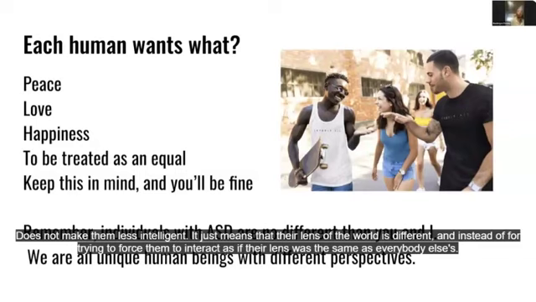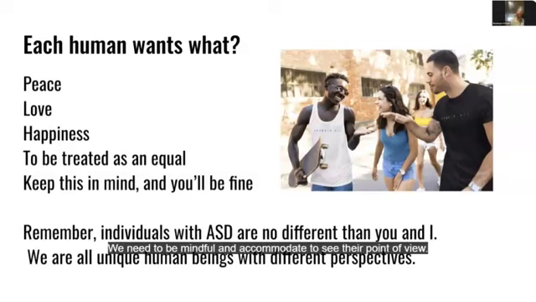And instead of trying to force them to interact as if their lens was the same as everybody else's, we need to be mindful and accommodating to see their point of view. We're all unique human beings with different perspectives. We are all unique individuals. Next.